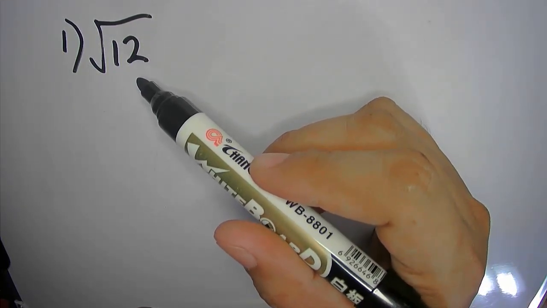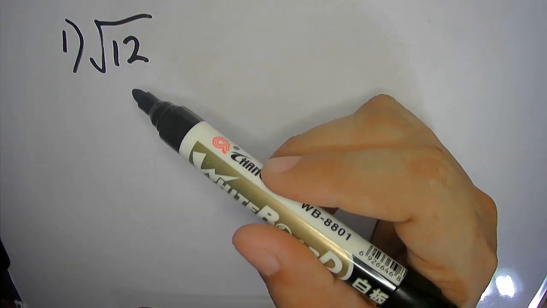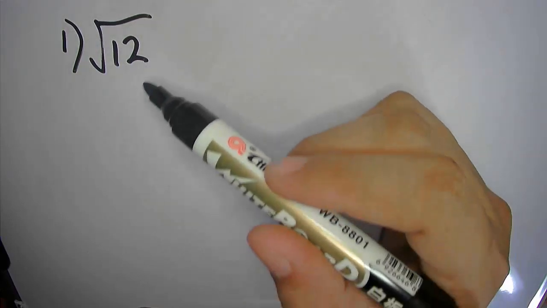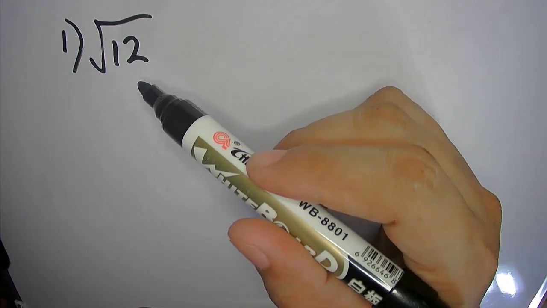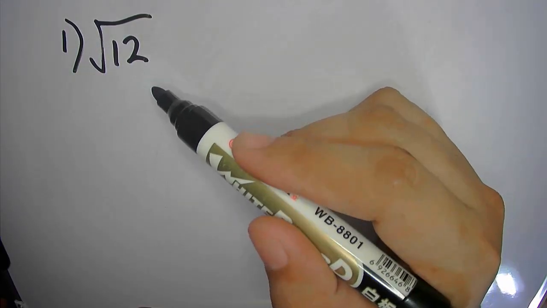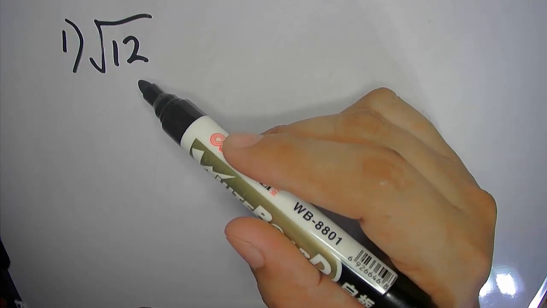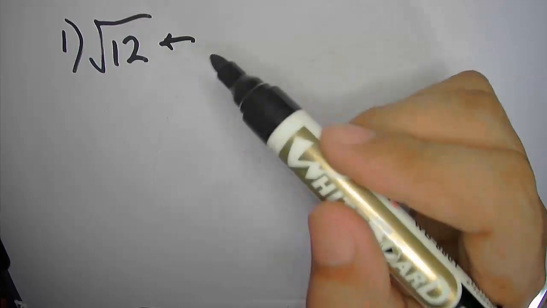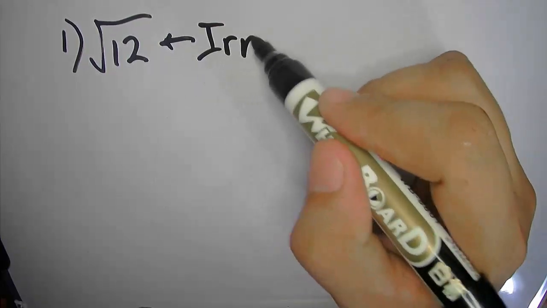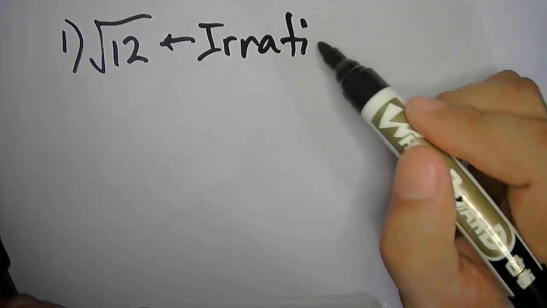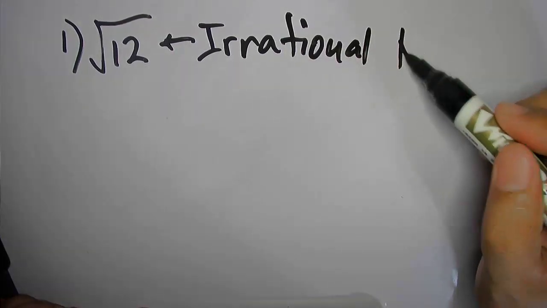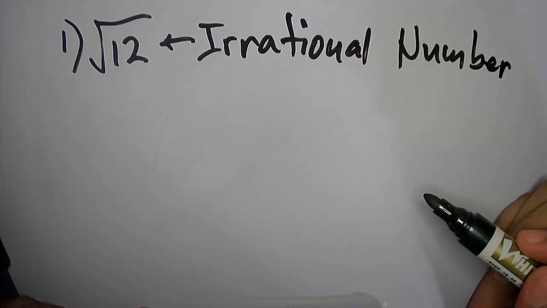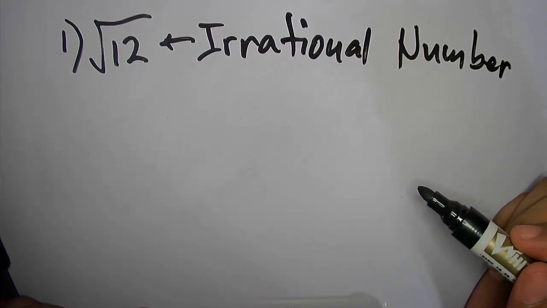So, ibig sabihin, pag wala tayong maalala or makita na number na pareho na pag minultiply natin sa sarili niya ang sagot niya ay 12, so ibig sabihin itong square root of 12 ay irrational number.